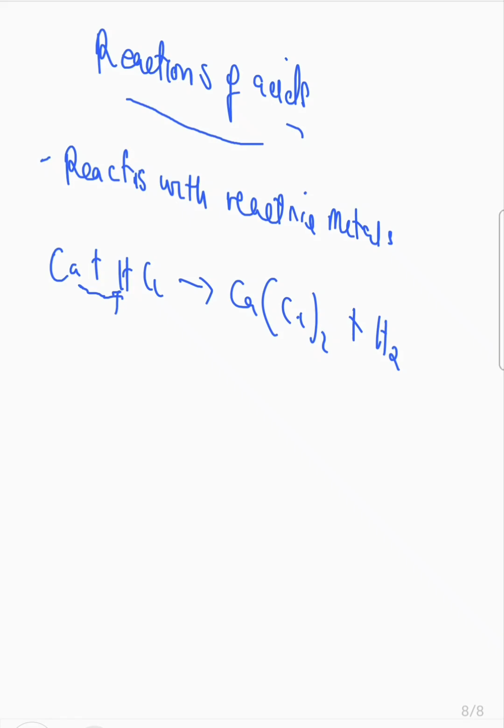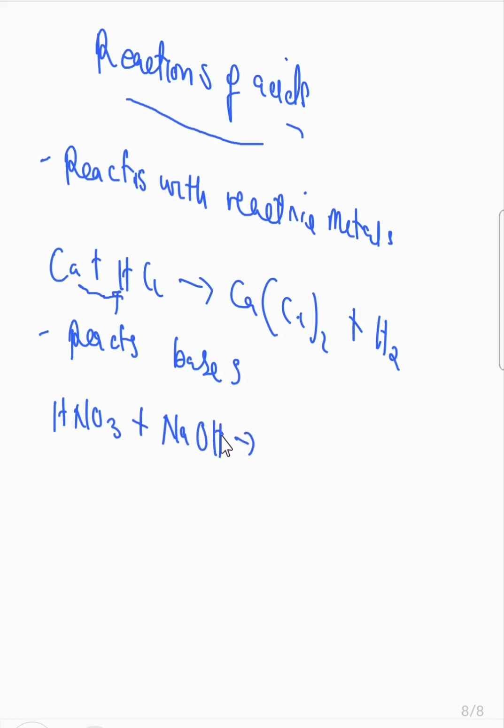Then apart from that reaction, acids also react with bases. It is called a neutralization reaction. So acids react with alkalis, bases, and that is called a neutralization reaction. Let's say we have nitric acid, then we react it with sodium hydroxide.